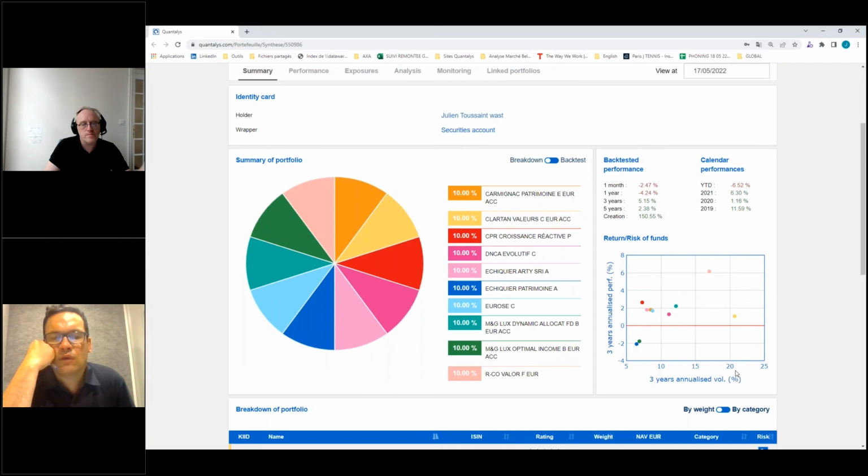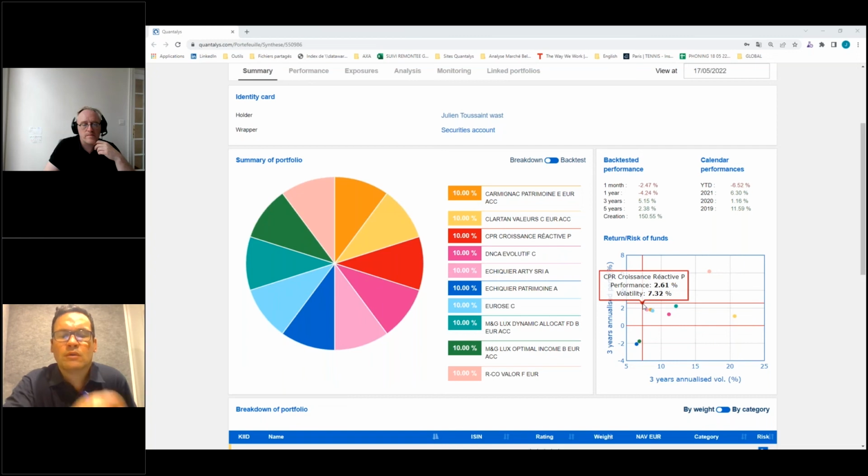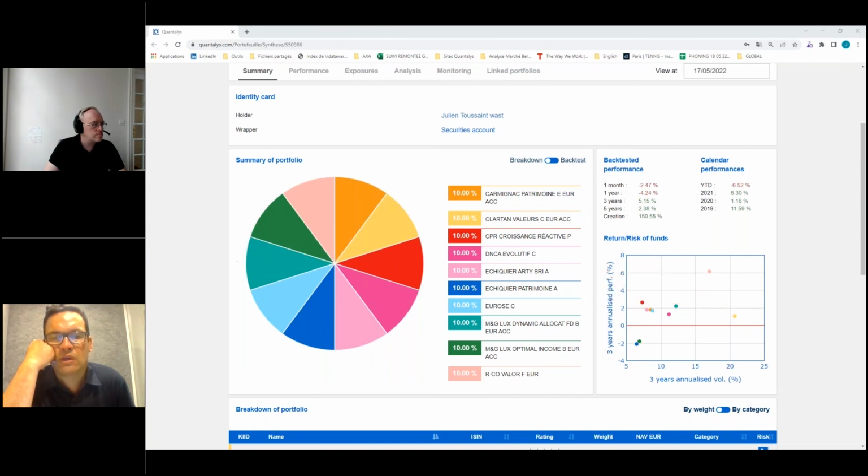The risk-return sweet spot is much more positive and interesting on the left, and you have in red, I think, the CPR fund. Clearly, for the same level of return, you have a very low level of volatility, standard deviation. So your backtest is there to illustrate that and to be able to explain that to your investors.